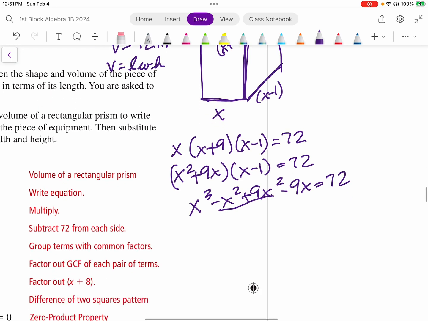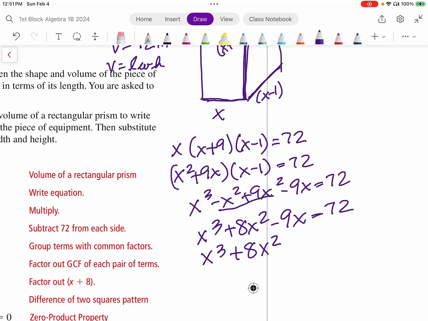Combine like terms, x to the third power plus 8x squared minus 9x equals 72. We're going to subtract 72. So we have x to the third power plus 8x squared minus 9x minus 72 equals 0.